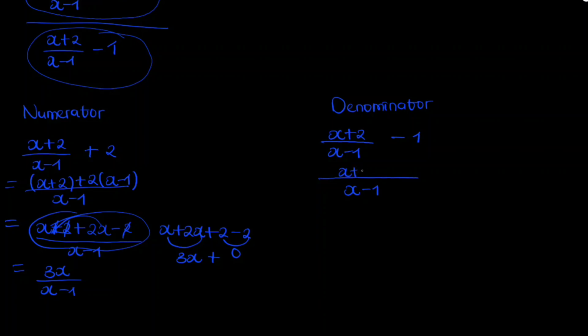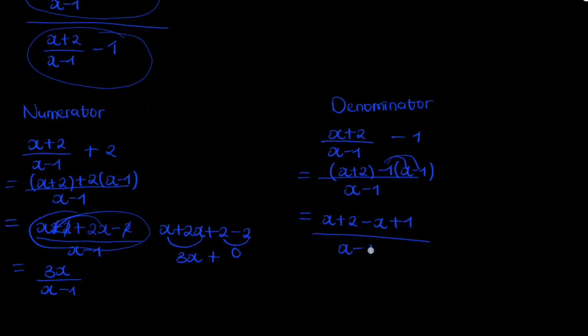And we have x plus 2 minus 1 into x minus 1. Let's open all our brackets. So we have x plus 2, minus x, and then minus 1 times minus 1 is plus 1, divided by x minus 1.